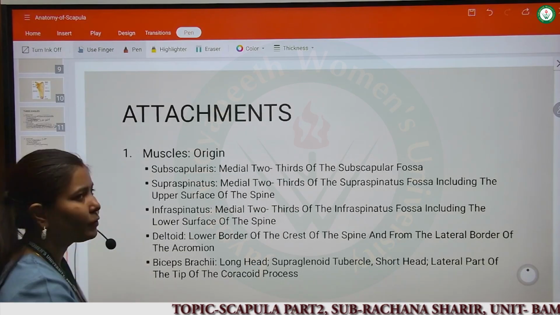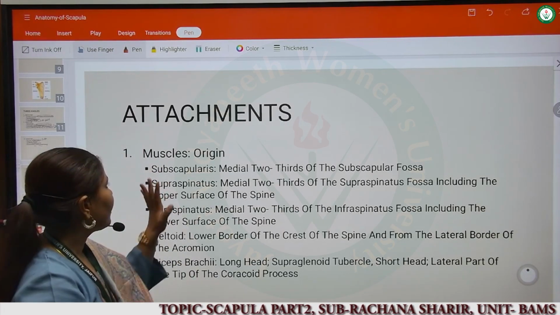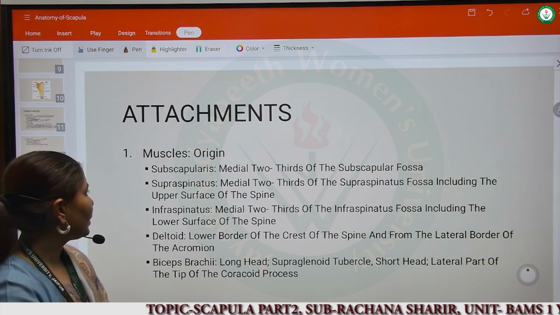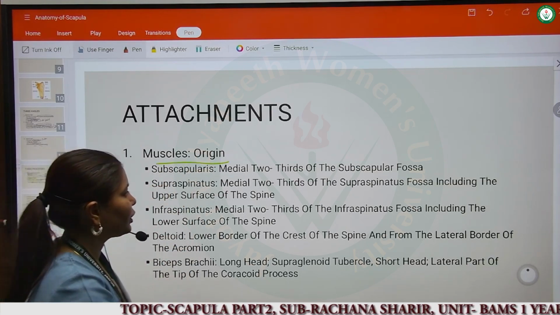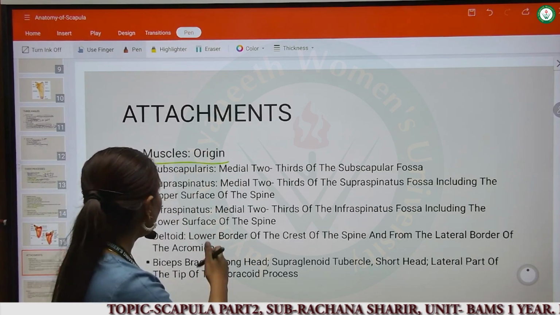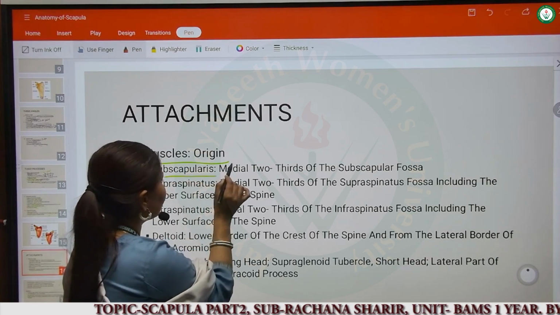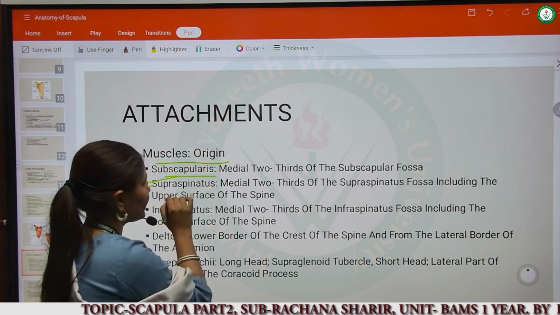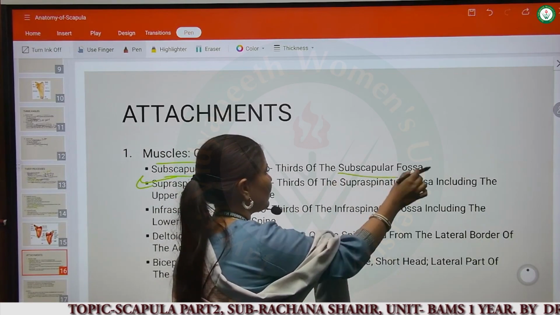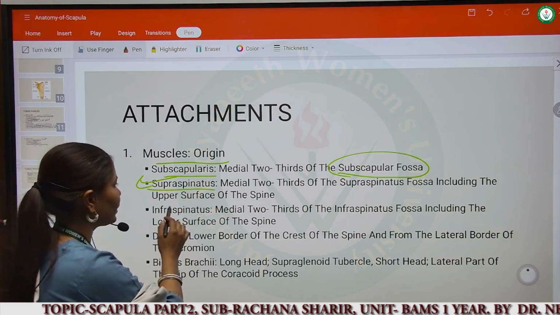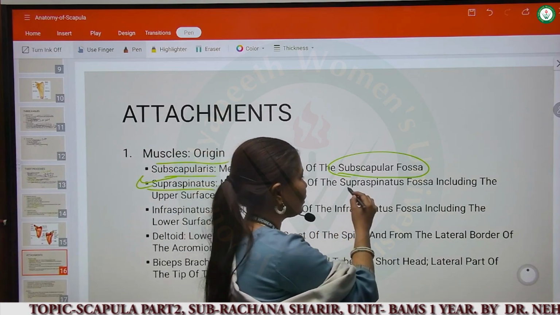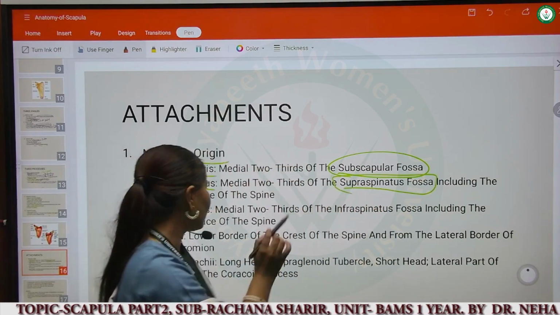After this we are going to see the attachments of the scapula. For muscle attachment, the muscles which originate from the scapula: first is the subscapularis muscle, which is situated on the subscapular fossa. Then second is the supraspinatus muscle, which is attached to the supraspinatus fossa.